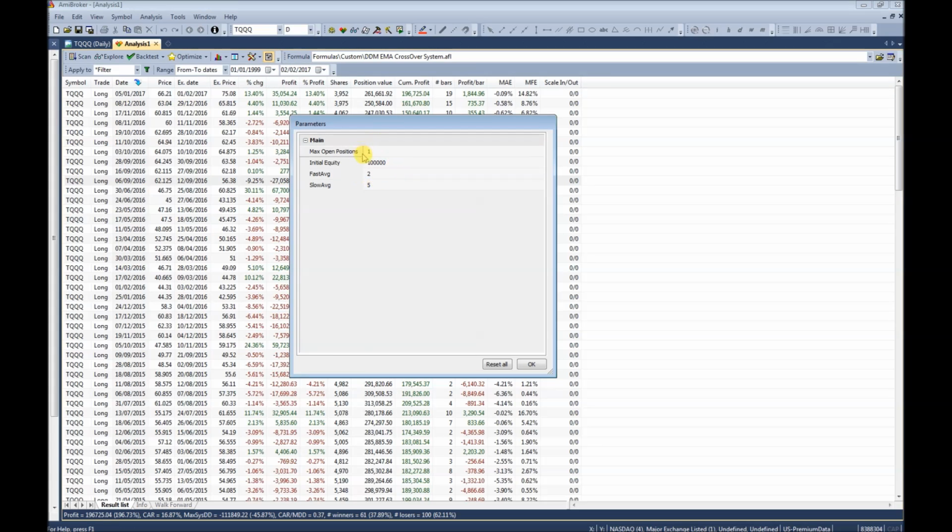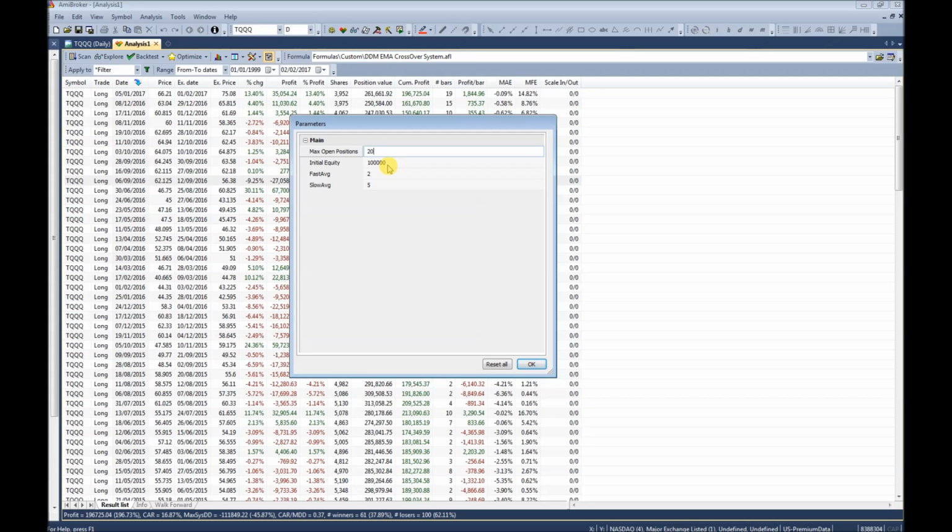Now, we're not using any ranking or anything like that, but let's give it a fairly decent sample size of 20 symbols, so that we'll trade 20 symbols that we get signals on at any given time, using $100,000 of starting equity. So in a way, we're not really picking and choosing, but whatever signals come up first, those are the symbols that we're going to take. That's going to be like $5,000 per position.